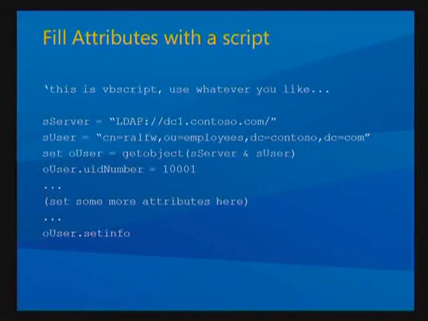That is the one that Unix expects. I do some more stuff here, like setting a home directory on the Unix side or a login shell for Unix. And then I do set info, and that's it. So this information now is in the Active Directory. This attribute, the UID number, comes with the schema updates you did in the first step.